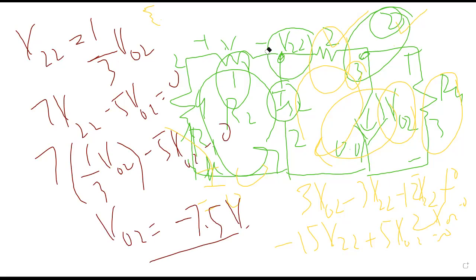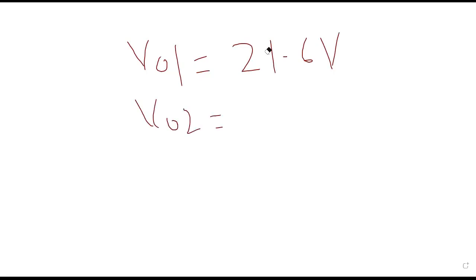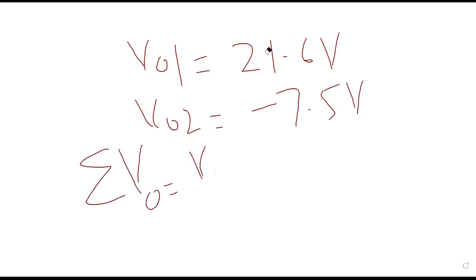So this is the value of V02, it is equal to minus 7.5. So we calculated the value of V01 equals to 21.6, and V02 is negative 7.5. So the summation is V0 equals V01 plus V02.